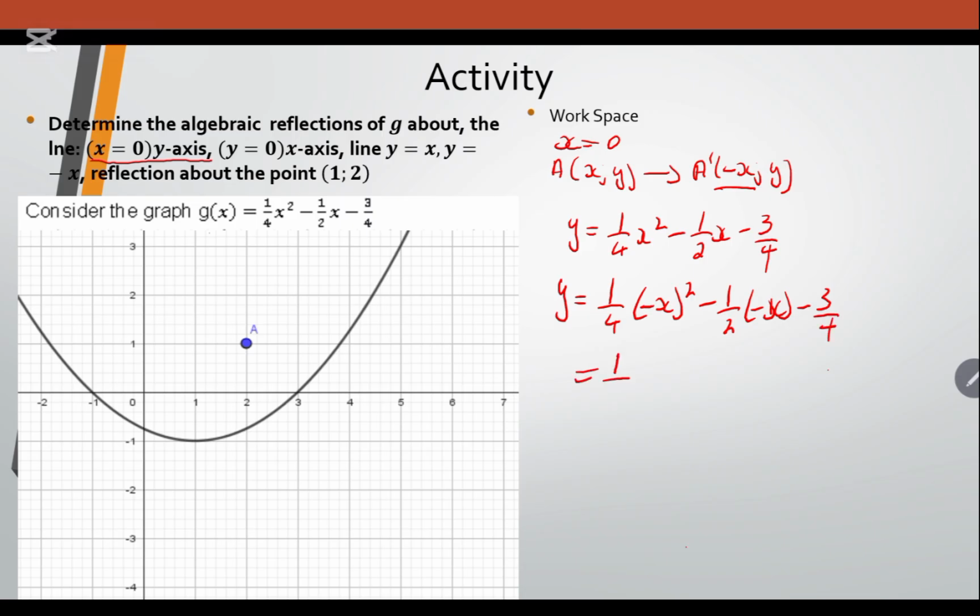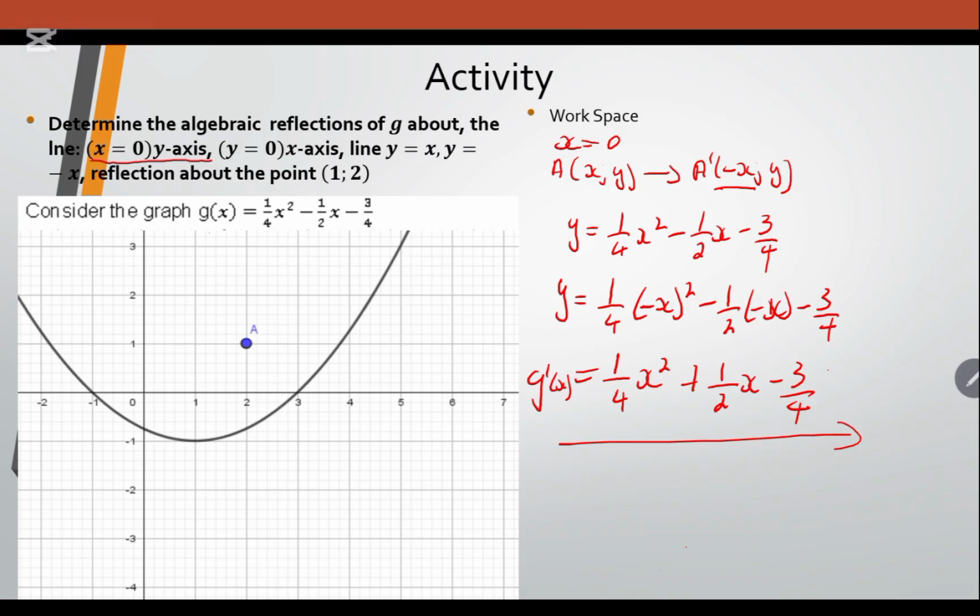So this becomes 1 over 4 x squared, negative times negative is positive, plus 1 over 2 x minus 3 over 4. So this is the image of the graph of g, g prime. It is reflected about the y-axis.